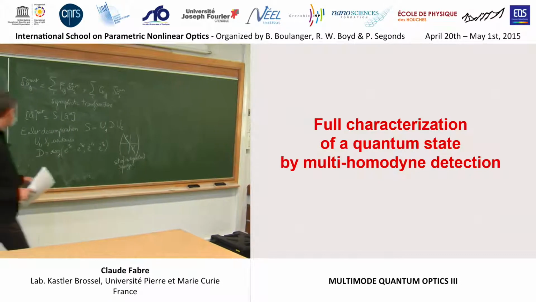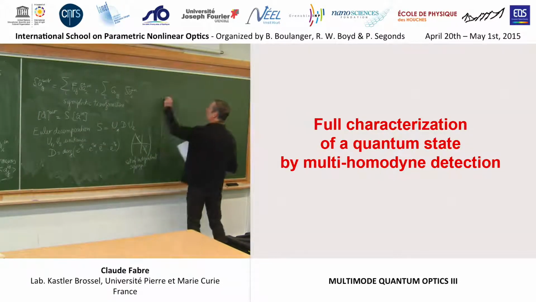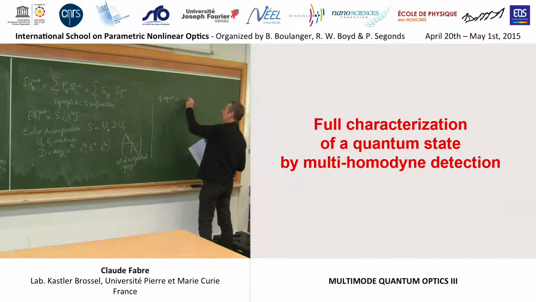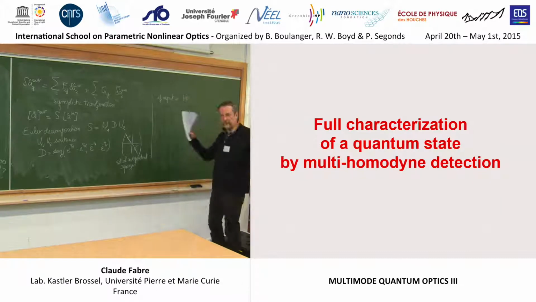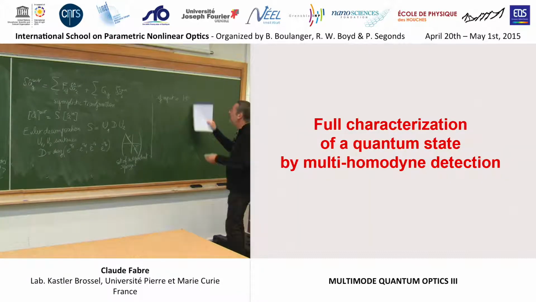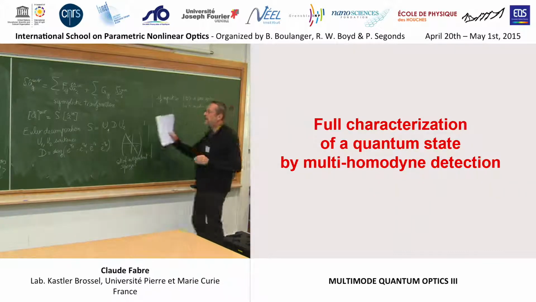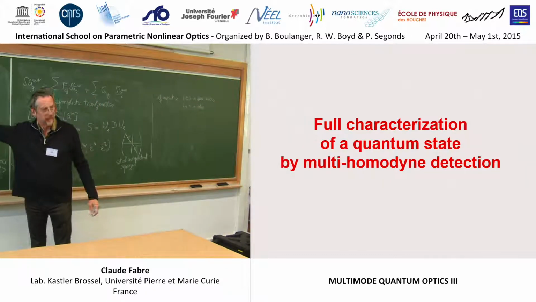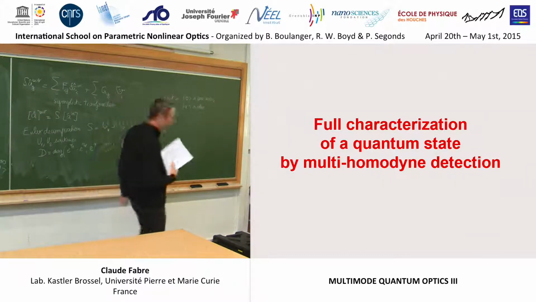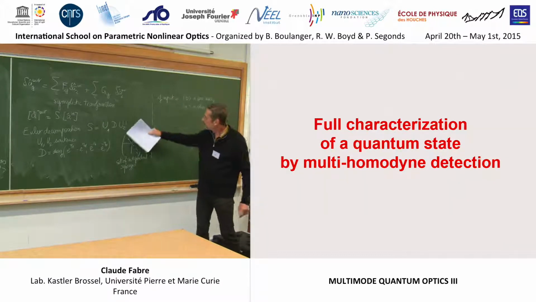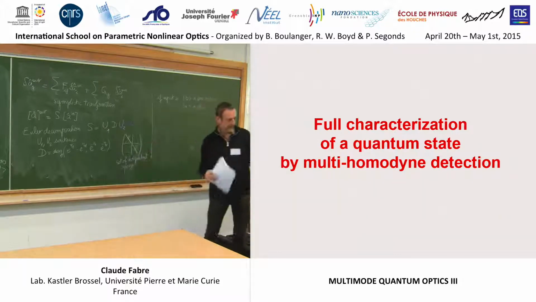So if the input is vacuum, where all modes are 0, or 0 in some modes and alpha in others, meaning that I shine on my nonlinear crystal a laser plus nothing, then what I do is change basis, diagonalize, and make another transformation.